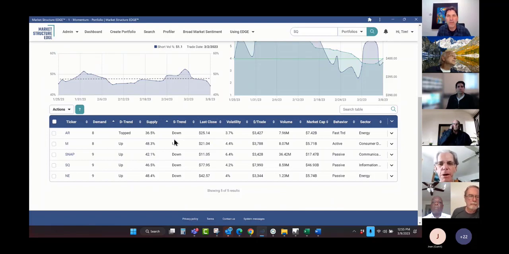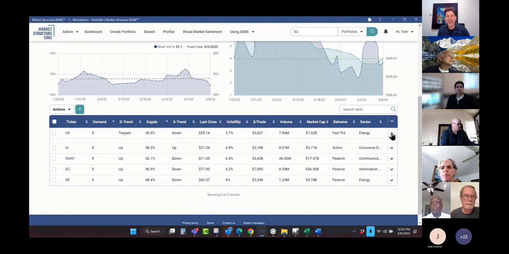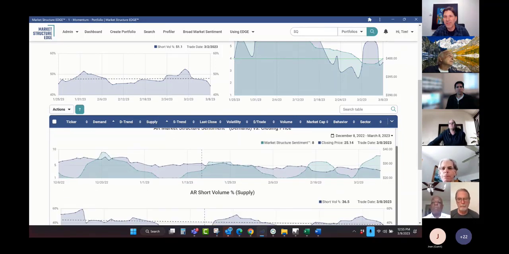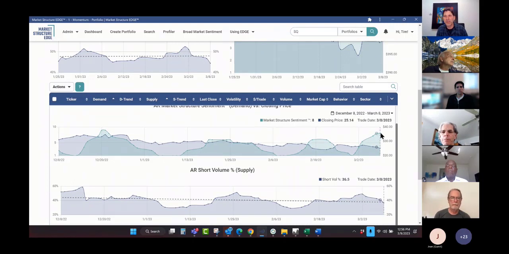Yes. AR is there too. There you go. AR is down 3%, and again, Antero Resources is a little harder to trade, as you've probably seen. I didn't mention it as much because it's already peaked, and maybe even begun to lose some demand, but the supply side is very weak.